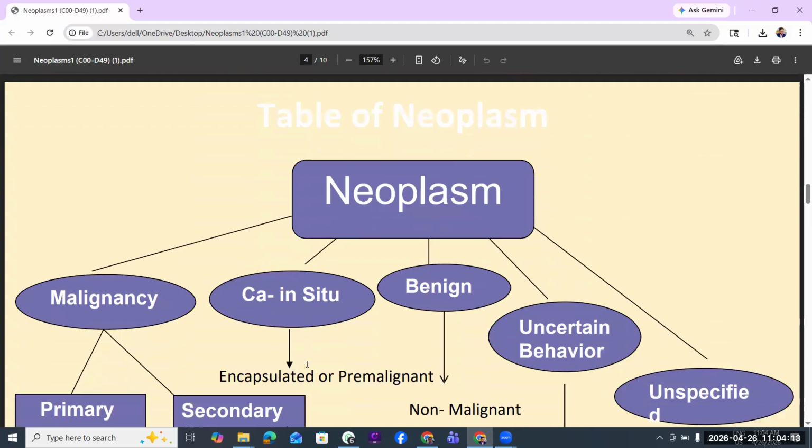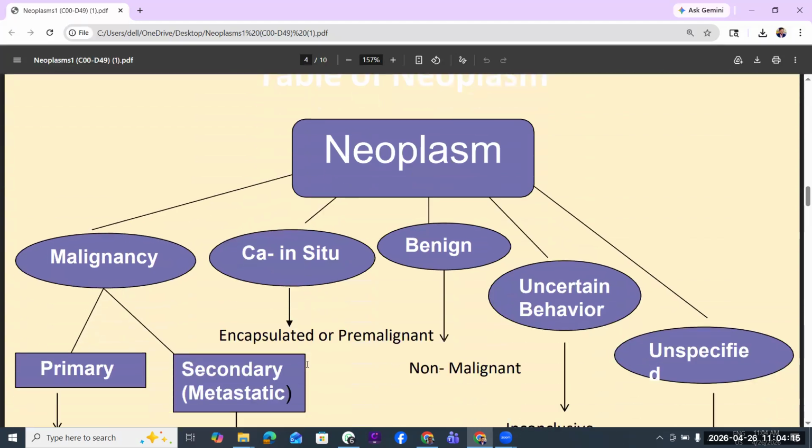Table of neoplasm. We will discuss the neoplasm table here. First, neoplasm malignancy: malignancy is primary and secondary. Neoplasm carcinoma in situ, CA in situ, encapsulated or pre-malignant. Benign neoplasm, non-malignant.